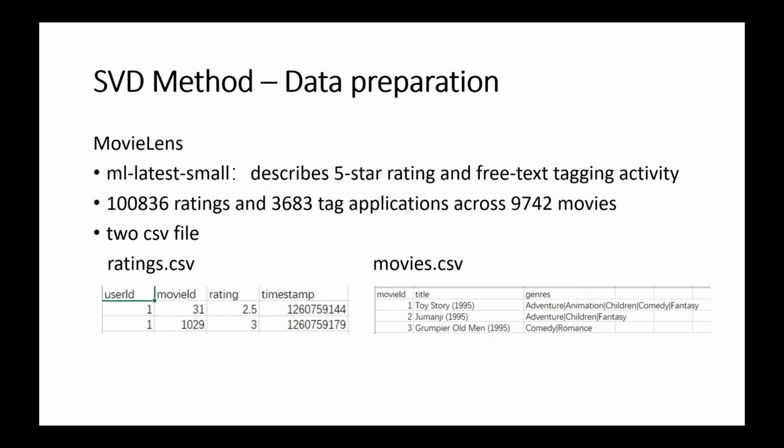There are 100,836 ratings and 3,683 tag applications across 9,742 movies. We only used 2 CSV files among the whole 4 CSV files in the dataset. They are ratings.csv and movies.csv.